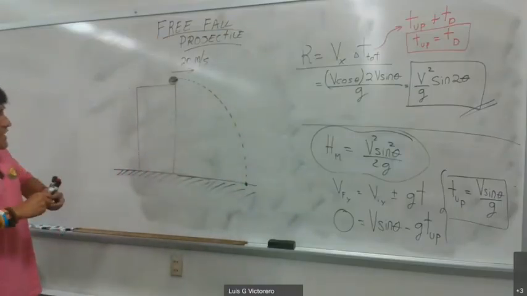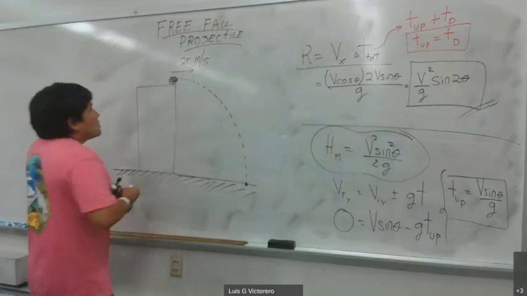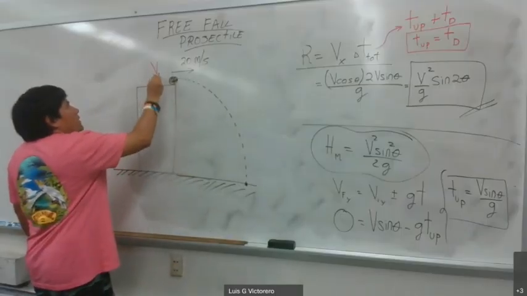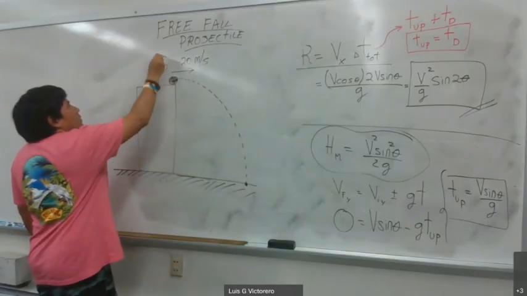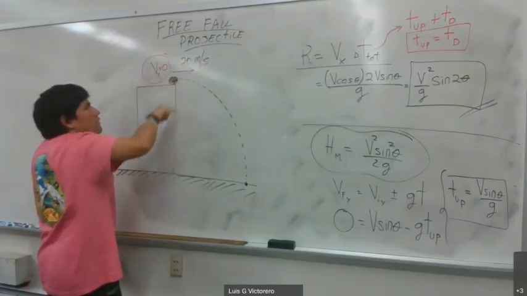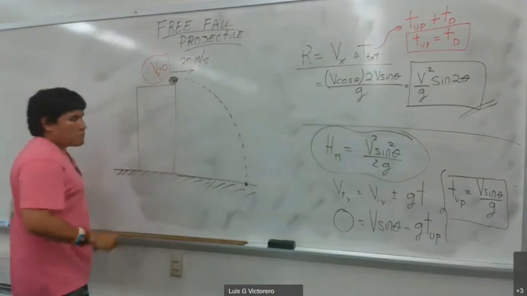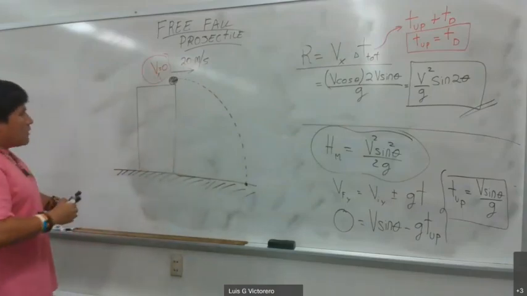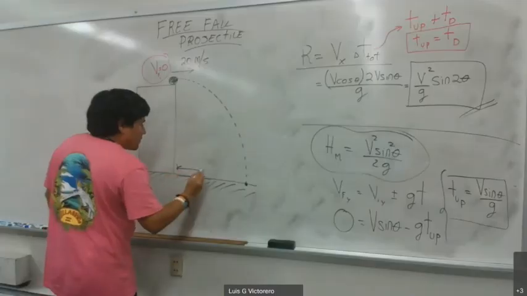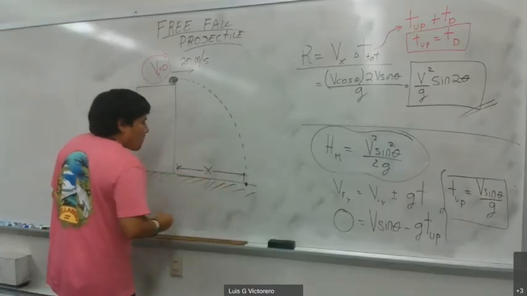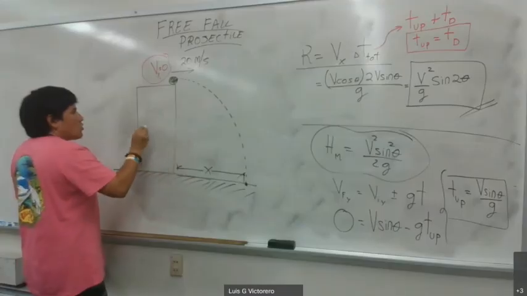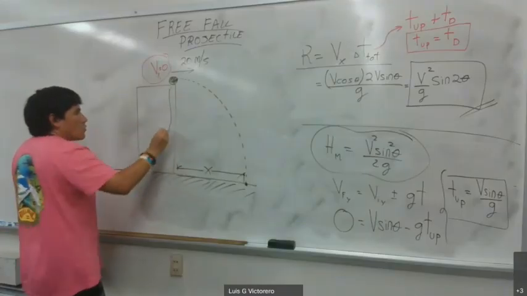Free fall because the initial Vy is 0. But you are giving it 20 meters per second horizontally. The other piece of information you need, if you want to find this value, by the way, is the value of h.